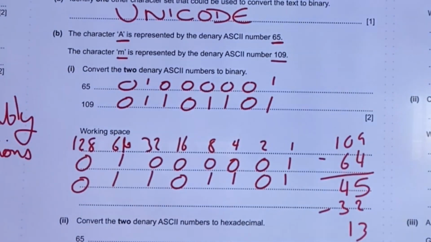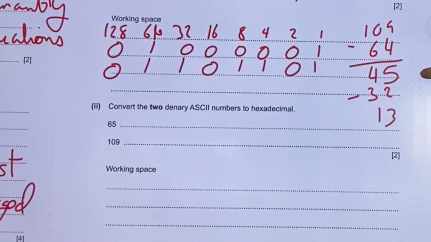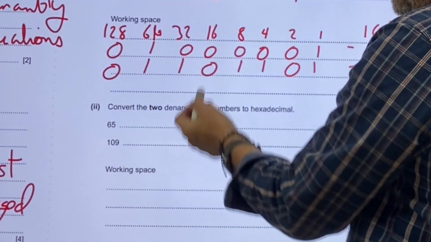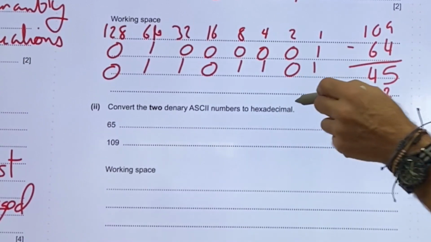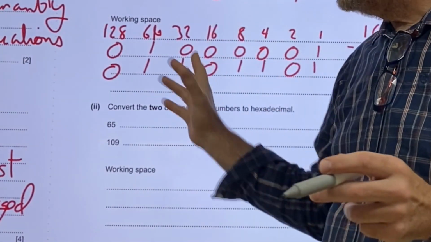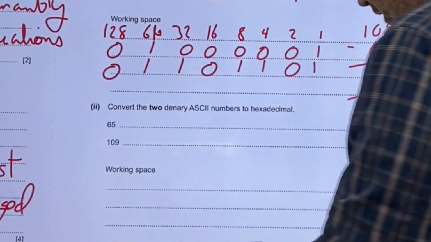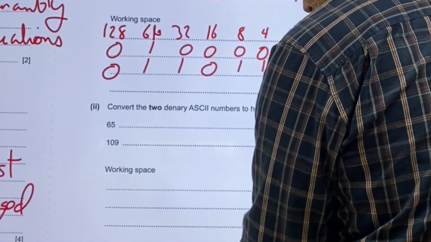Now we need to convert the same numbers into hexadecimal. Now, the nice thing is because I've got this up here, it's a lot easier to convert binary into hexadecimal, and I'll show you why. I'm just going to get a different color.